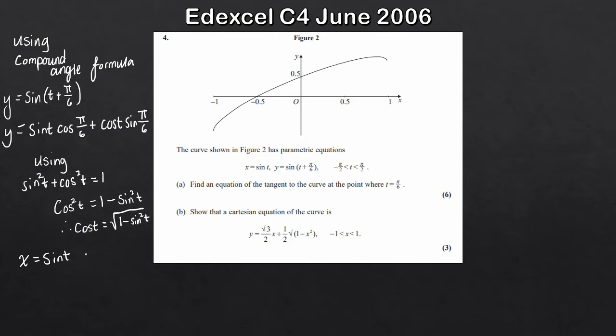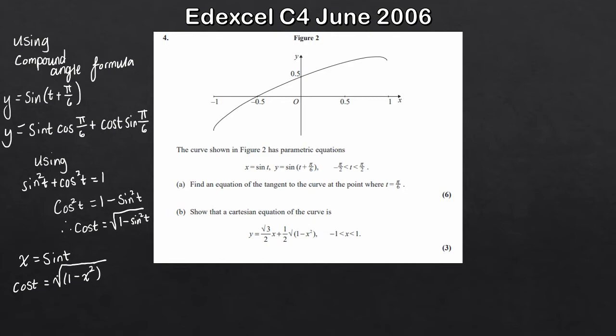So in that case, cos t, we'd write as being the square root of 1 minus sine squared t, so that's x squared there: 1 minus x squared, like so. Okay? So now we know what cos of t is.